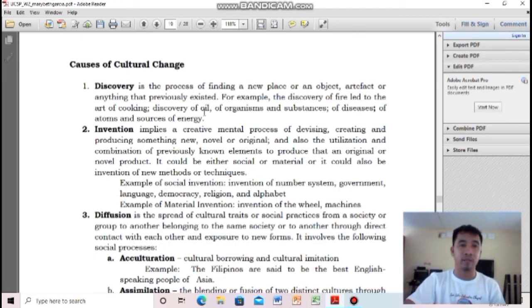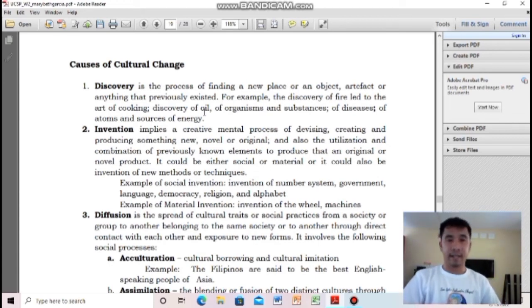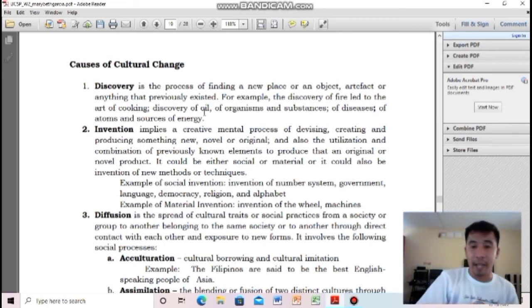Ang mga causes. Una, discovery. No? For example, discovery, ang pag-discover, ang pag-find out sa mga bagong lugar or object or anything, no, that previously existed. Example sa pag-discover sang kalayo. So, kung na-discover ang kalayo, na-discover man sa mga tao nga pwede gali makaluto, no? Paagi ang kalayo.